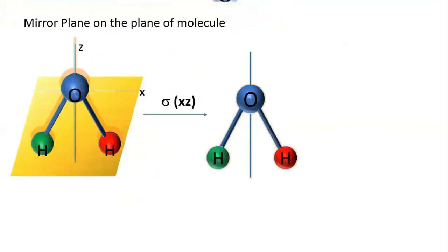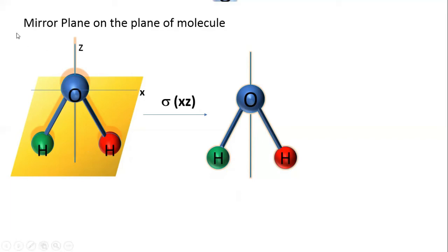So this is the mirror plane on the plane of the molecule. When you keep a mirror plane just above the planar molecule, the reflection image will be similar to the original. So the planar molecule has its own reflection when a plane is kept on the planar molecule.